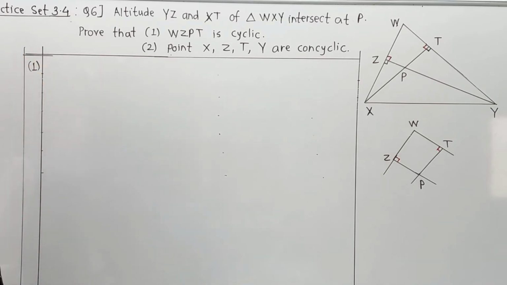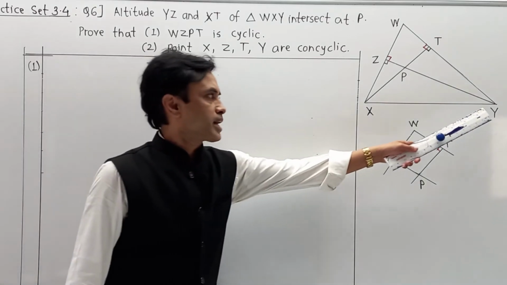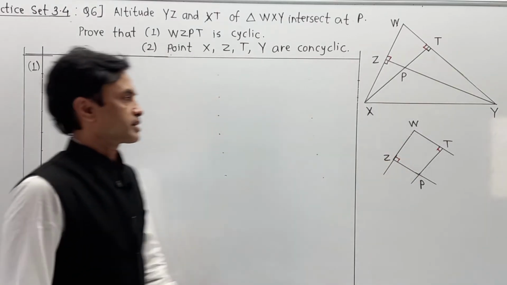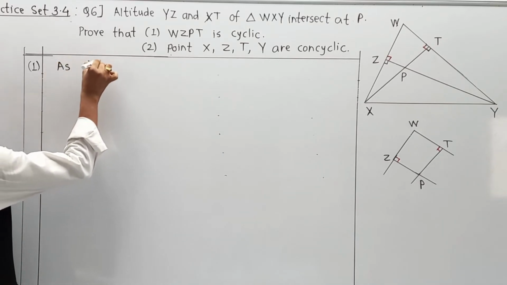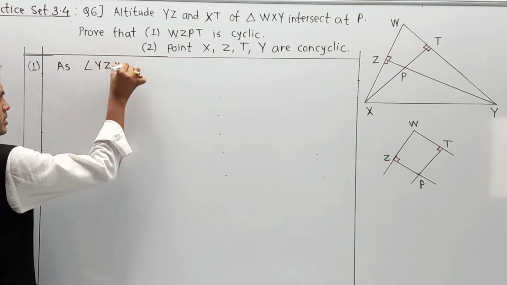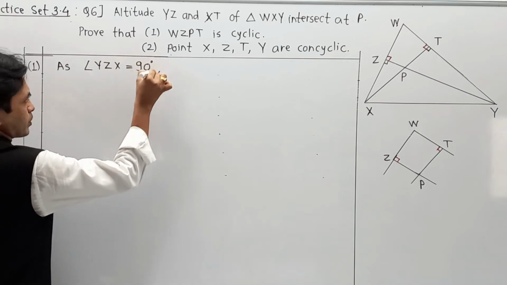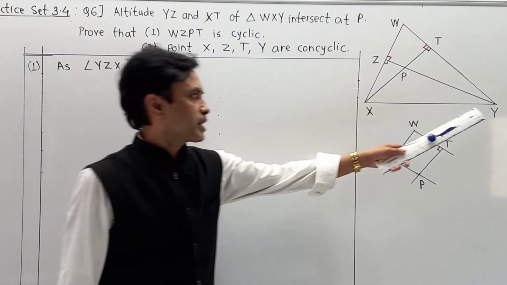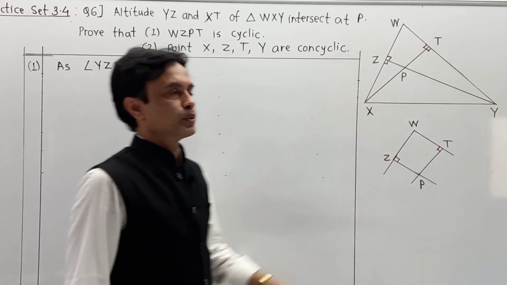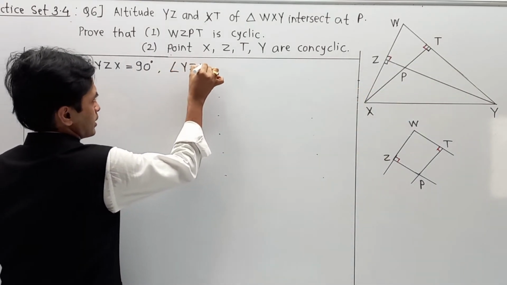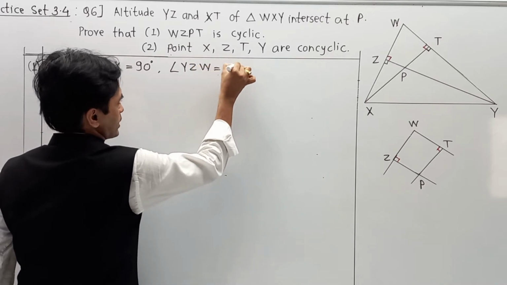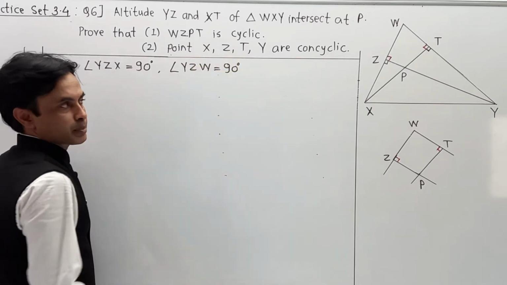First, as per the proof, as angle YZX is equal to 90 degrees, therefore angle YZW is equal to 90 degrees, and the reason is linear pair.